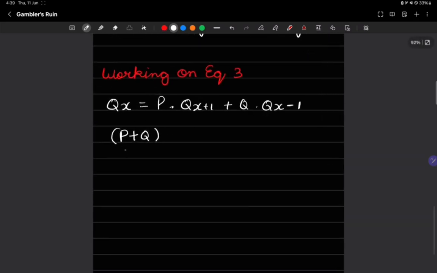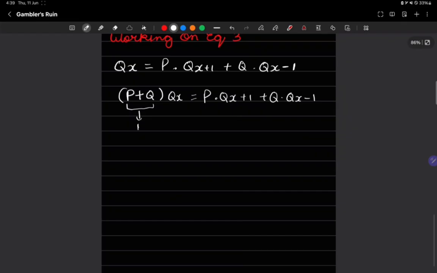Because p plus q is equal to 1, we can write it like this. Now we'll multiply and open that bracket on the left-hand side.